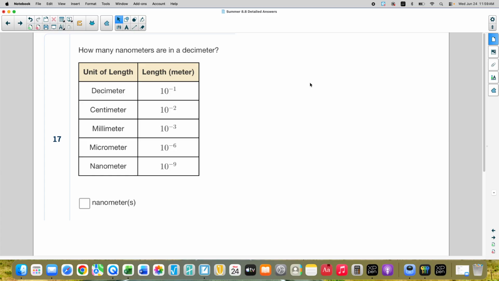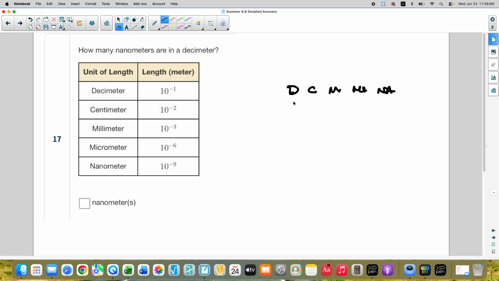So we have decimeter, centimeter, millimeter, micrometer, and nanometer. And this makes it smaller, so this is going small to smaller. How many nanometers are in a decimeter?